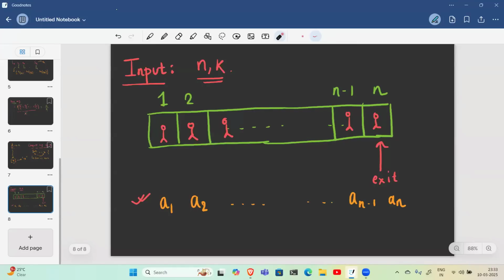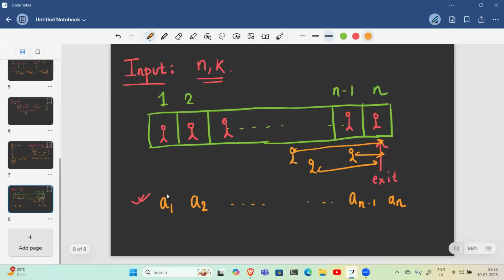Now the question says that we need to minimize the final sum of distances of every person from the exit. Suppose finally all these people reach some cells like this, we need to minimize the sum of their distances from the exit. So that means we need to push every person as close to the exit as possible. That is how we need to install the teleporters.